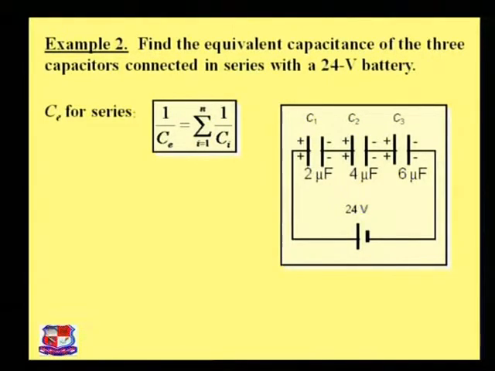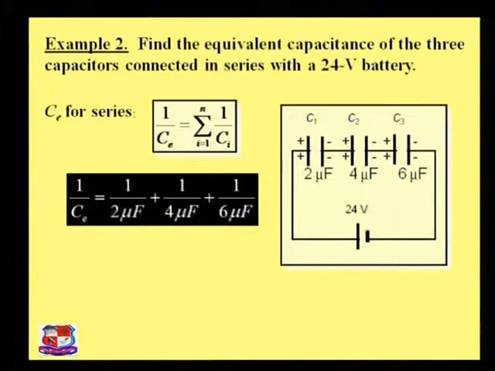Using that equation we can find that 1 by C equals 1 by C1, which is 2 microfarad, plus 1 by C2, where C2 is 4 microfarad, plus 1 by C3, where C3 is 6 microfarad.